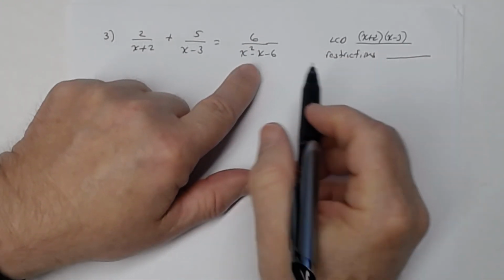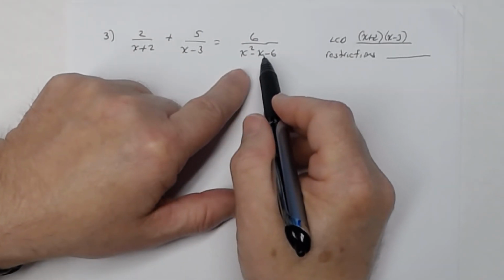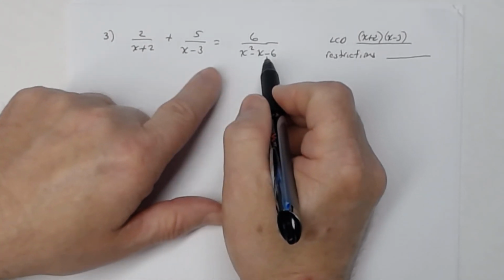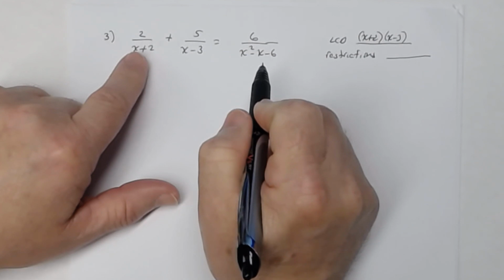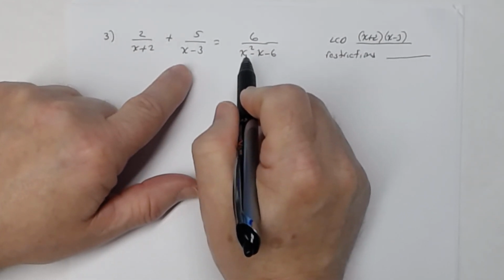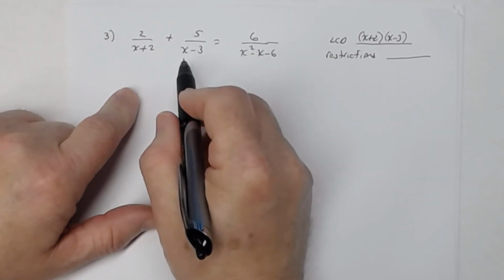And then over here, this is a quadratic expression, and so we need to factor this. Usually, though that's not always the case, check and see if the factors of this quadratic expression are actually these. And it is.